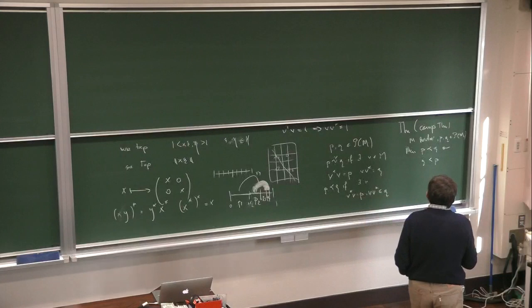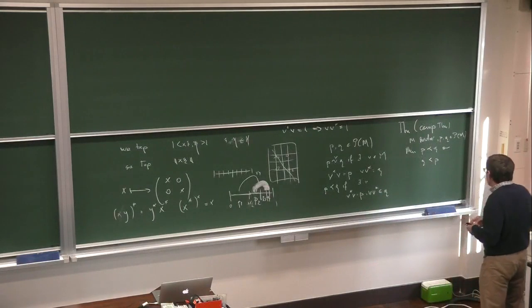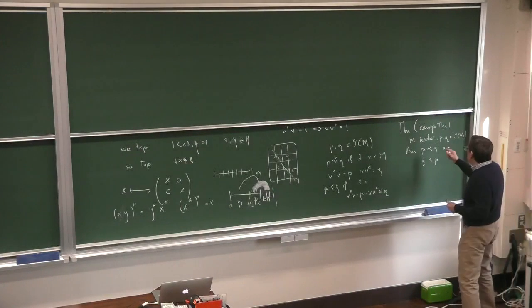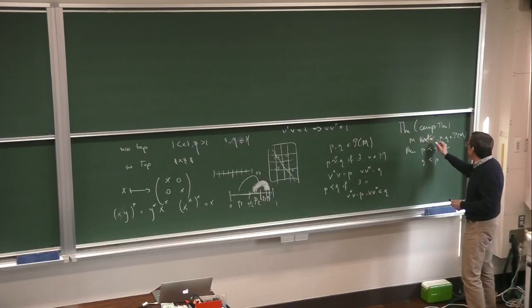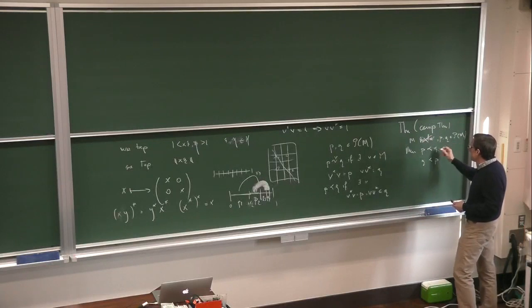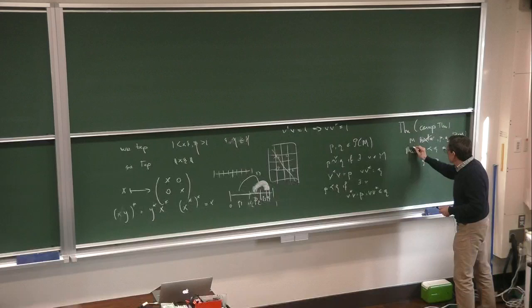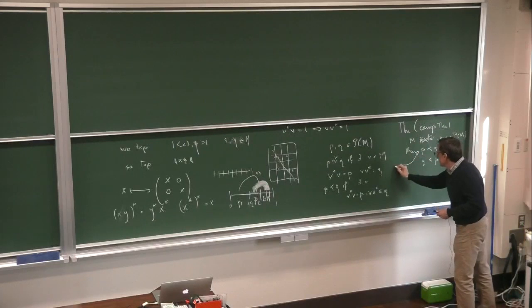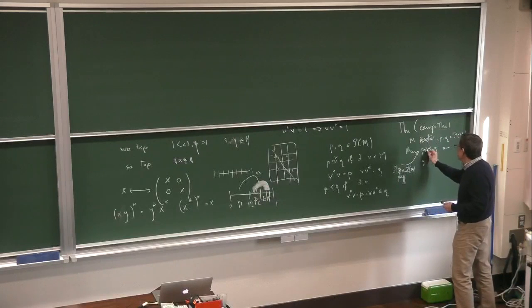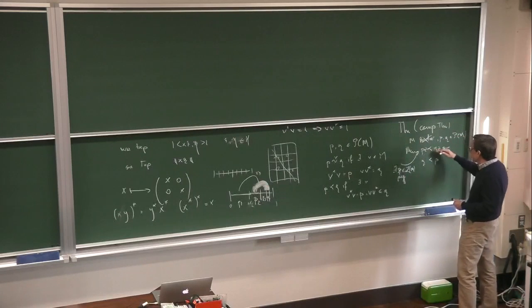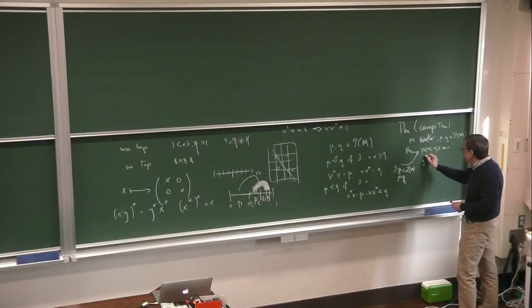In general, if you don't take this, then there exists a projection Z in the center of M such that under Z you have this, and under 1 minus Z you have the other.